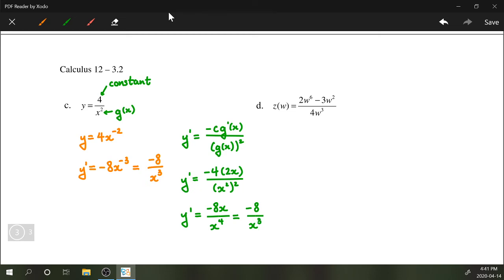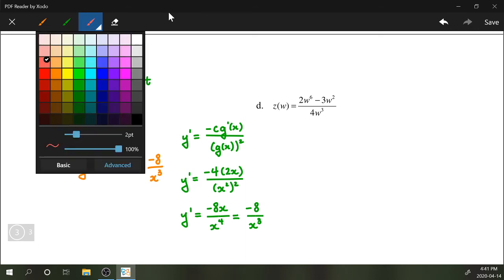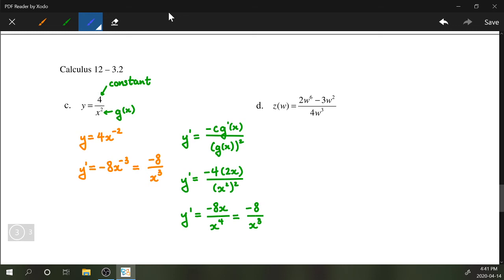Okay, so now example D. Again, we don't have to use the quotient rule, although we do have a quotient, because what you can do is rewrite z of w as 2w to the 6th power all over 4w cubed minus 3w squared all over 4w cubed.